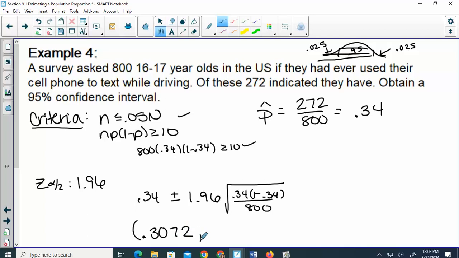That gives 0.3072 for the lower limit, and an upper limit of 0.3728. Did you guys get that?